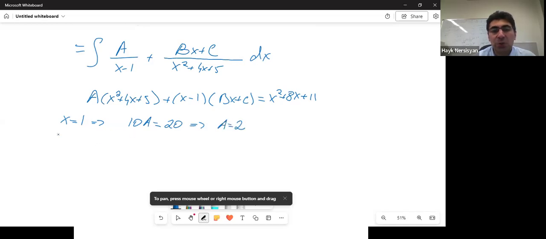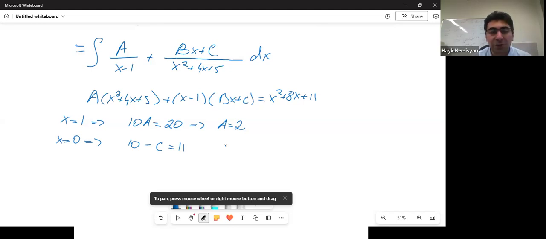Then we have to plug 2 other values. There is not any obvious option for x, but just do 0 and maybe 2 or any other constant. Plugging 0 will get 5 times a, 10, minus, so when x equals 0, here we get minus 1, minus c equals to 11.